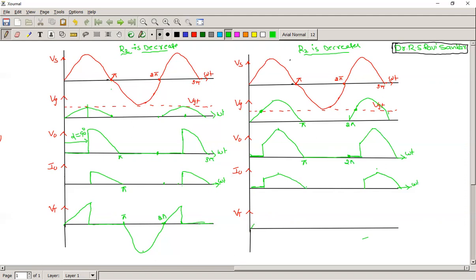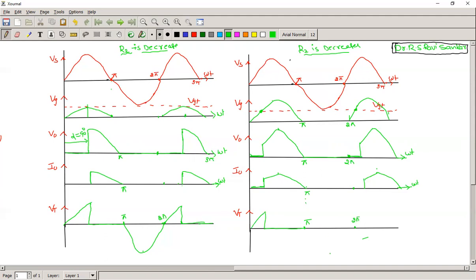So the voltage across the SCR becomes the input source voltage. Once the SCR is on, the voltage across the SCR becomes 0 up to angle pi. Again, pi to 2 pi. This is pi. This is 2 pi.